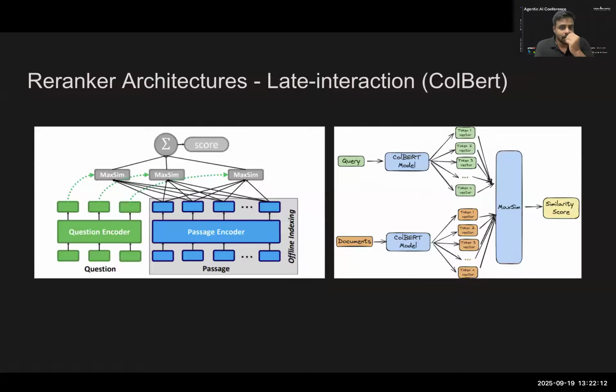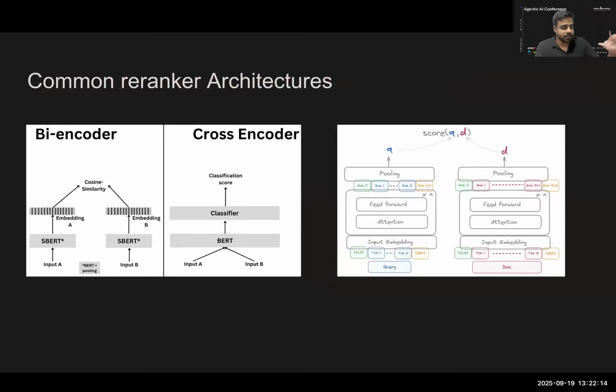By the way, let me spend some more time here. It's really important. You could say that a cross-encoder is so much more powerful, and obviously it is. Why use it as a re-ranker? Why not just use it as an embedding model? And the answer is because you cannot store embeddings offline.